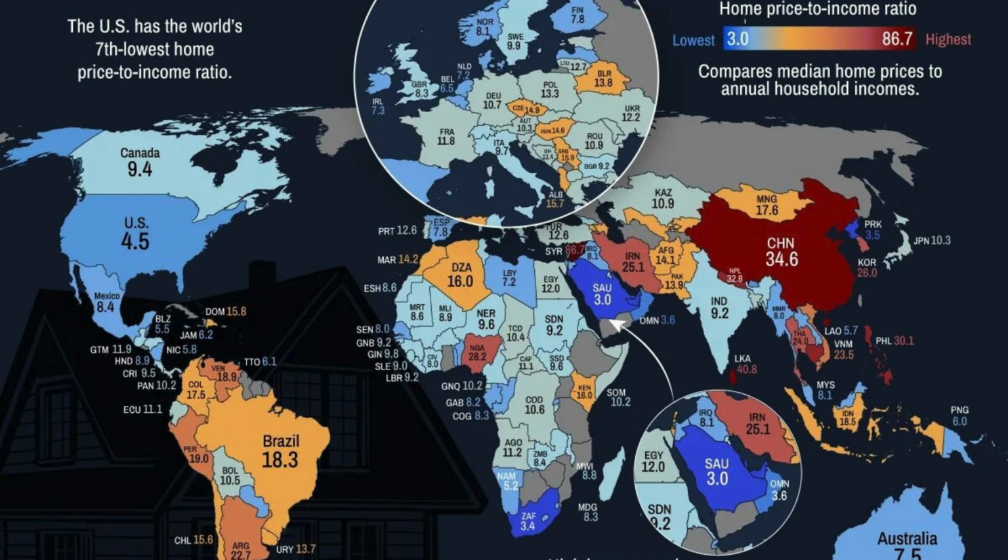But housing affordability is a global challenge. The data shows that housing affordability depends less on a country's overall wealth than on how closely home prices track local incomes. Even wealthy economies can become difficult places to buy a home when prices rise faster than wages, while some emerging markets remain comparatively affordable despite lower incomes.